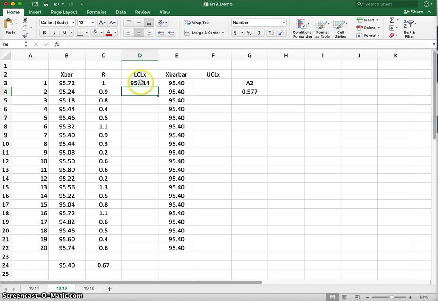So that's the lower control limit. The lower control limit is 95.014 degrees.